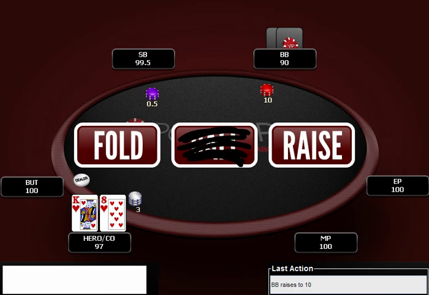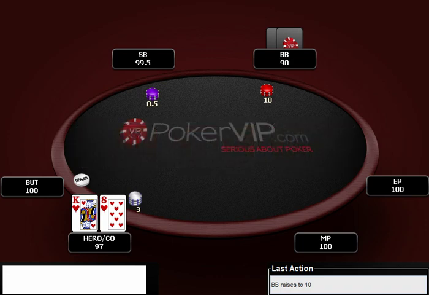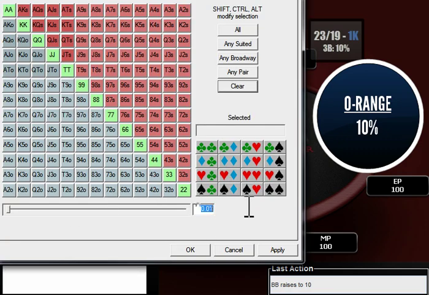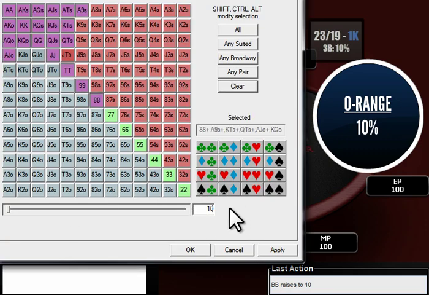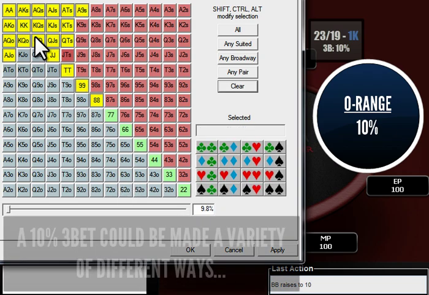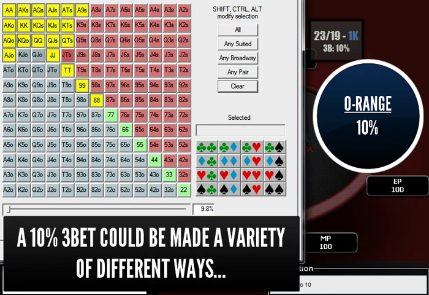So let's talk a little bit about 4-betting, and in order to do so, we need to think about O ranges and C ranges. So what's his O range? Well, let's say that this guy has a 10% 3-bet. Well, that would be his O range, 10% of hands. How exactly that 10% of hands is made up, we're not 100% sure. For instance, if we were to type 10% into this box in PokerStove, this is probably not the range of hands that you think a 10% 3-bet range looks like.